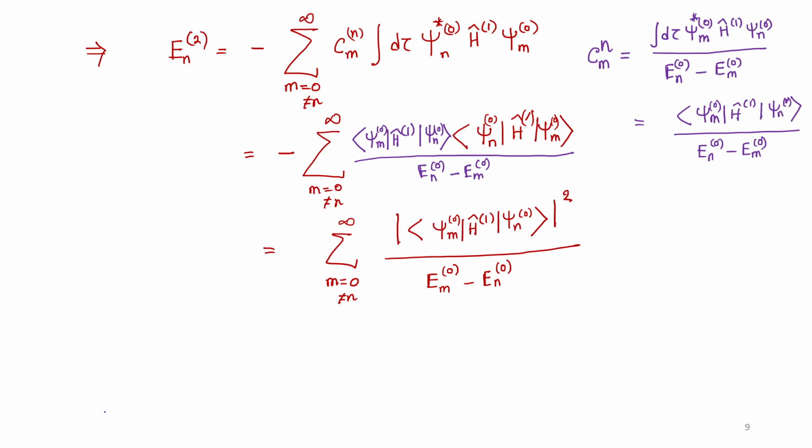So this is not the correction, so let me write down also, the second order correction to the energy is actually lambda square E_n2, right?